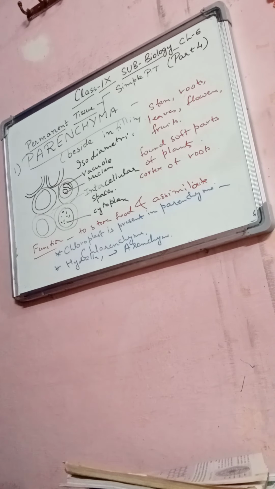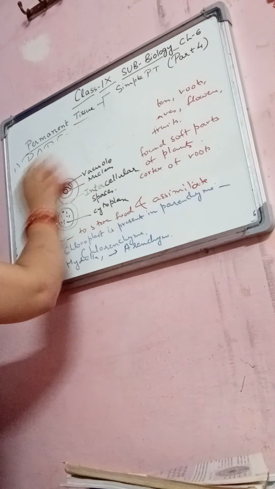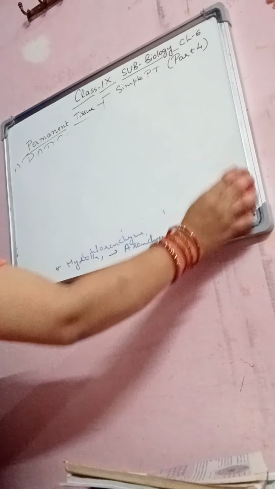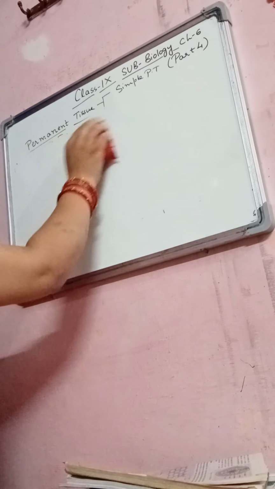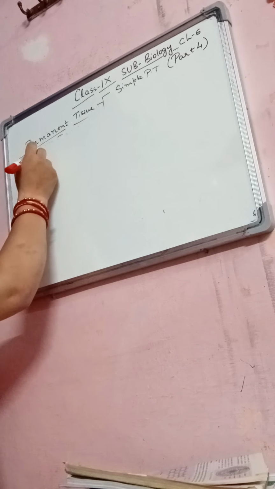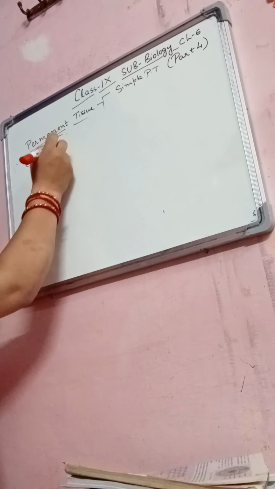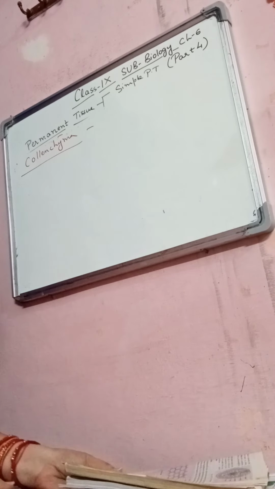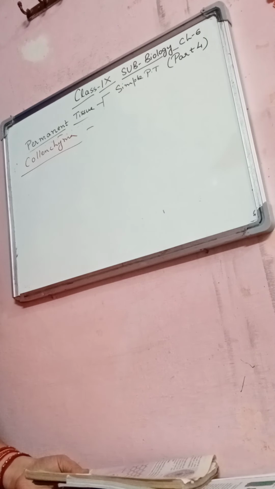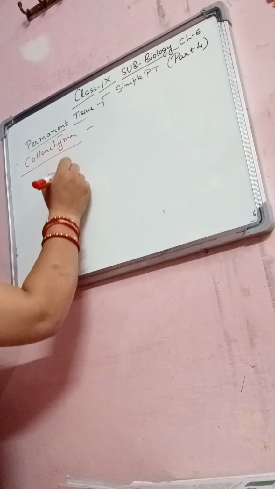Now next is about the collenchyma. The next type of simple permanent tissue is the collenchyma. In collenchyma, see diagram B, there are wall thickenings.